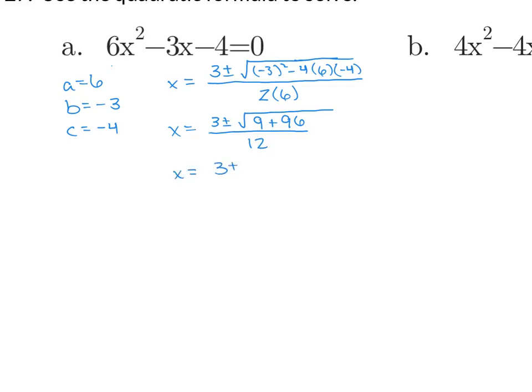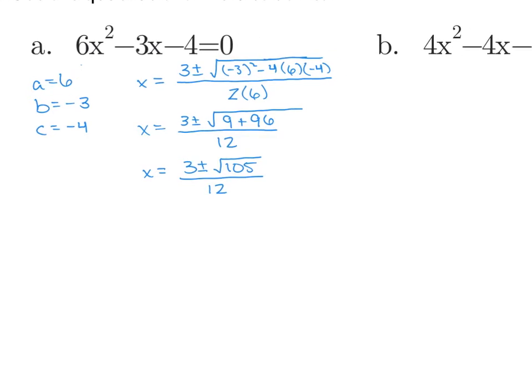And for our final answer, we get 3 plus or minus the square root of 105 over 12. 105, we cannot simplify that square root, and so we are done at this stage.